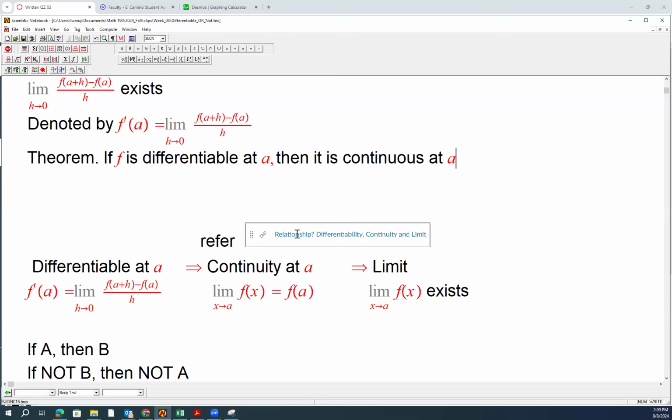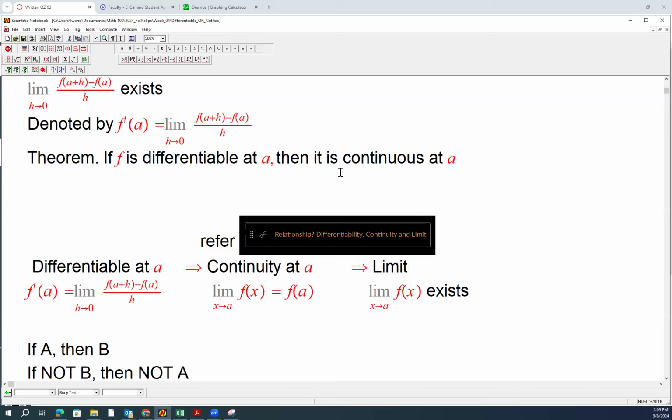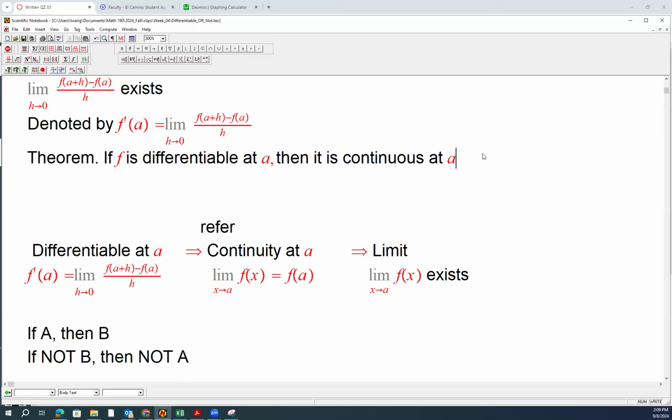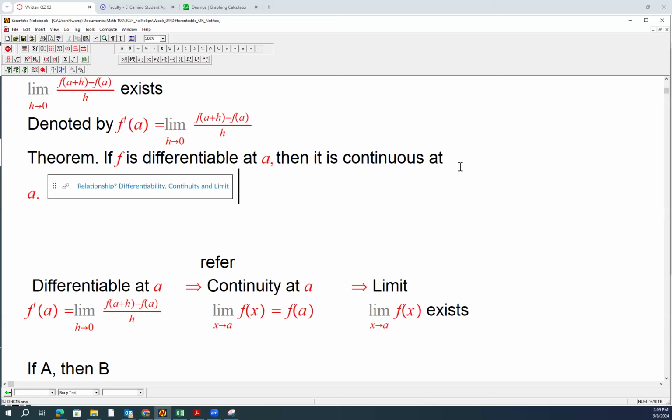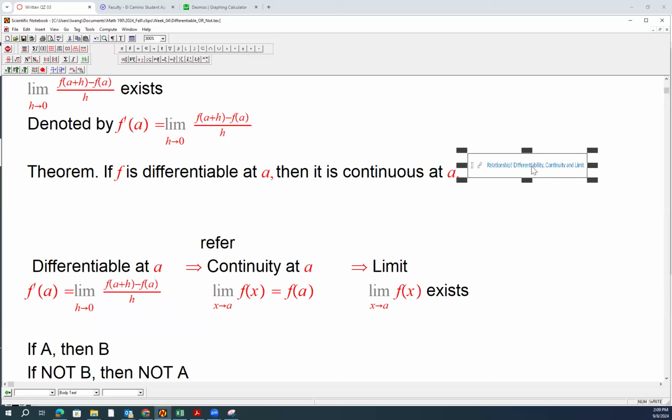For more details and discussions, you can refer to the other recording. But here I am basically summarizing this one more time, so you'll hear about this more than once. So refer to that recording.